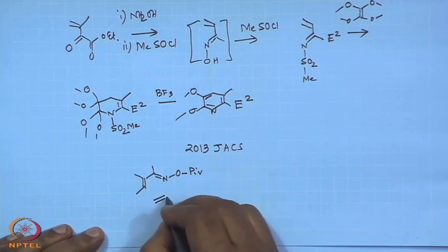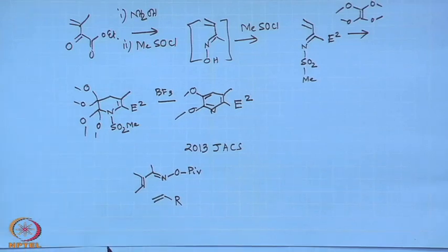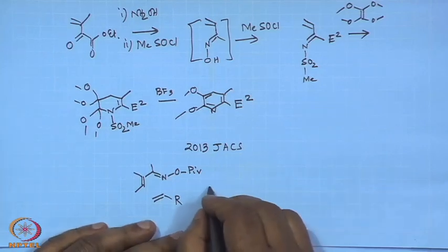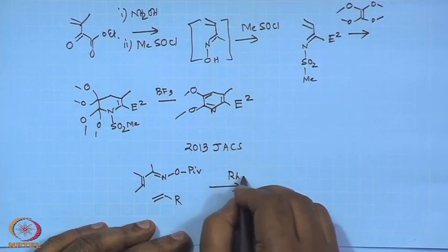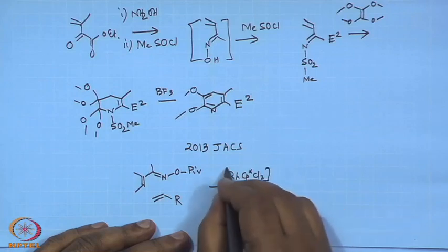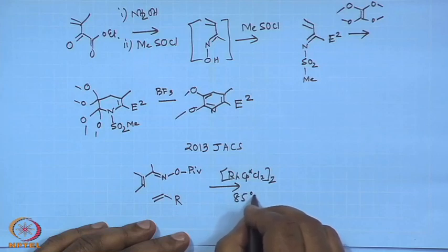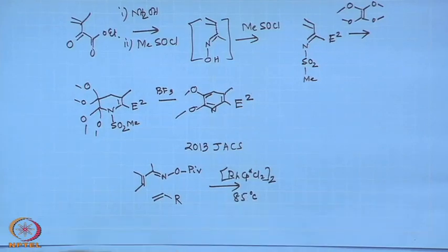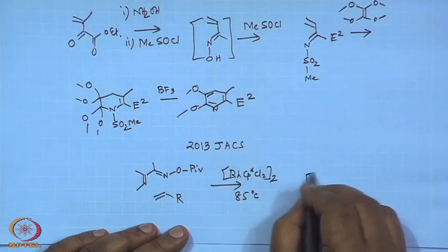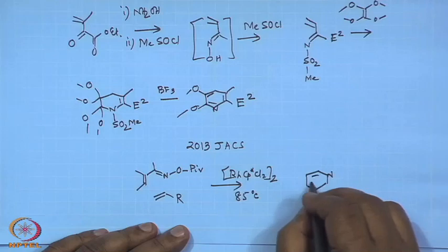Now, if you take an alkene system, the other two pi system, and the catalyst rhodium Cp star chloride, a dimer, and heat it at only around 85 degrees centigrade, very interestingly, in one pot you will get the pyridine derivative.